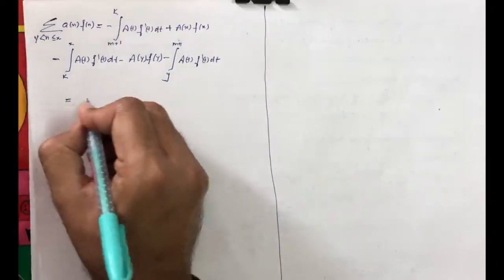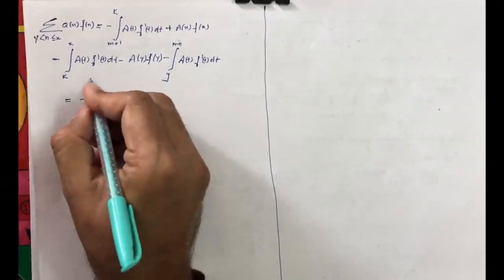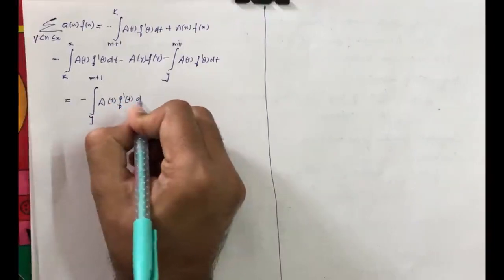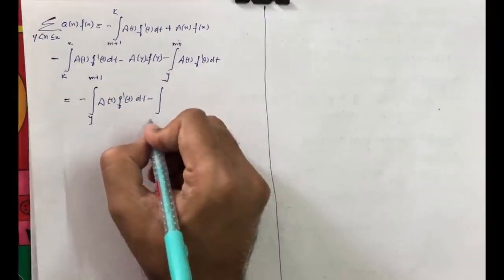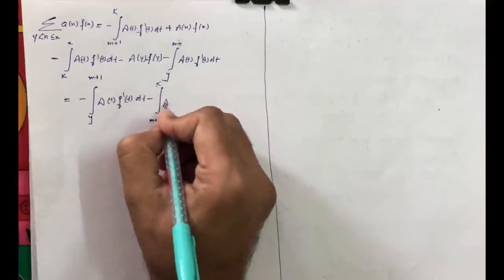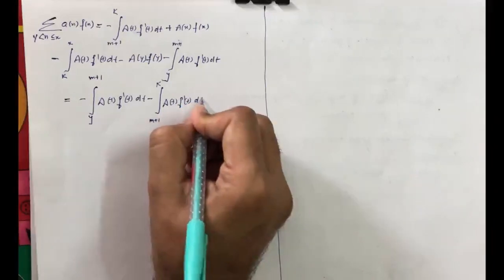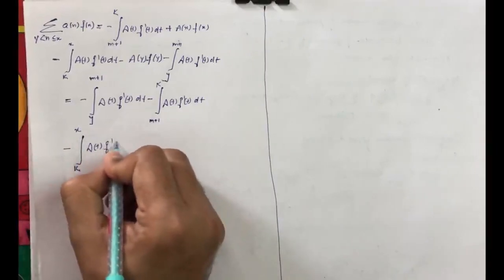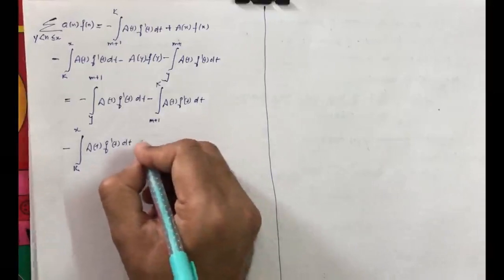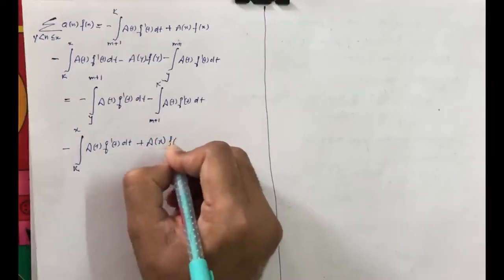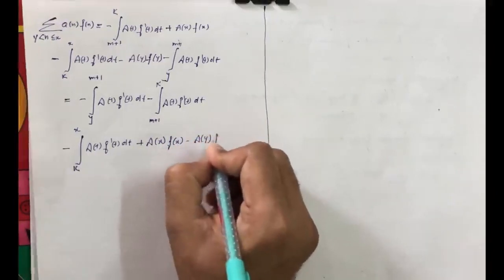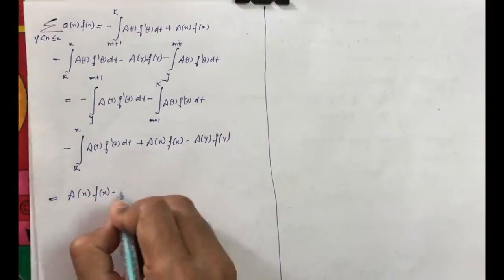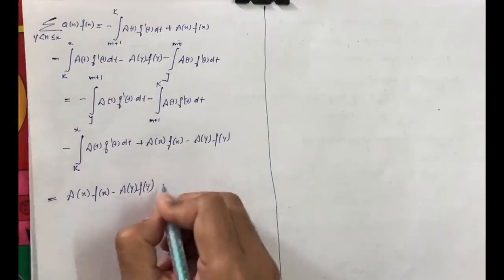Which may further be written as minus the integral y to m plus 1 of A(t) f'(t) dt, minus the integral m plus 1 to k of A(t) f'(t) dt, minus the integral k to x of A(t) f'(t) dt, plus A(x) f(x) minus A(y) f(y), which may again be written as A(x) f(x) minus A(y) f(y) minus.